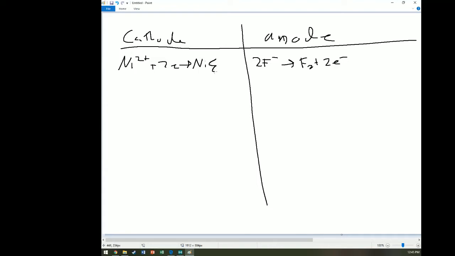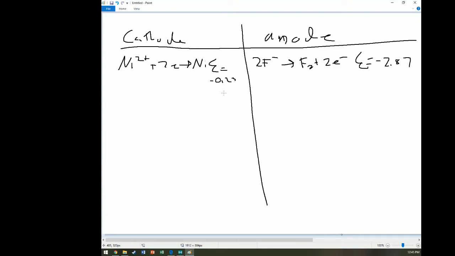The cell potentials for each of those reactions are given in my table of cell potentials. This has a potential of minus 0.23, and this would have a potential of minus 2.87. Now let's consider the half reactions associated with water.